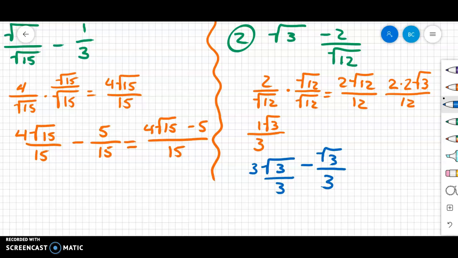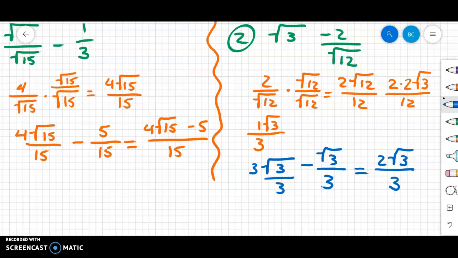So these are like terms because they have the same radical. So I've got 3 of them minus 1 of them. That's going to end up with 2 of the square roots of 3 all over 3. Again, I'm going to double check and see if I can do any reducing, and I can't, so I'm done with that problem.